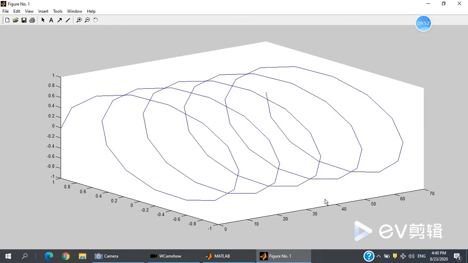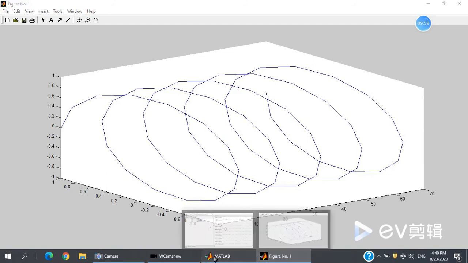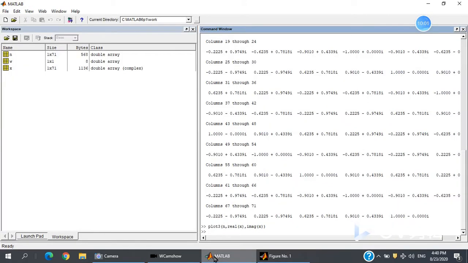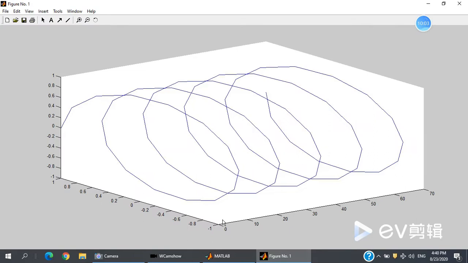And this axis will be n, from 0 to 70, right? I picked 70 points, and run from 0 to 70, and these two axes, one will be the real part, one will be the imaginary part.